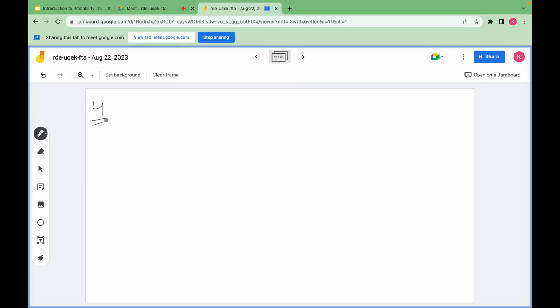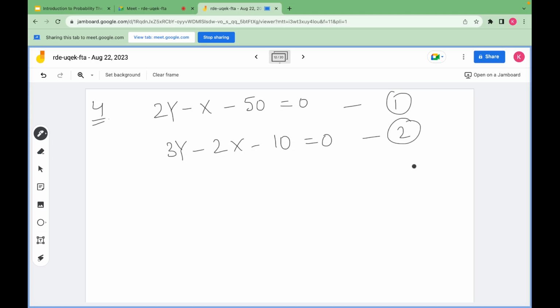The two equations are 2y minus x minus 50 equal to 0, and 3y minus 2x minus 10 equal to 0. Let's suppose the first is equation 1 and the second is equation 2.